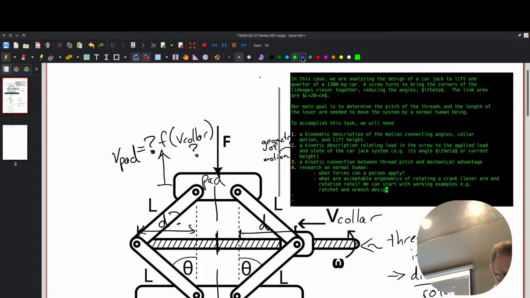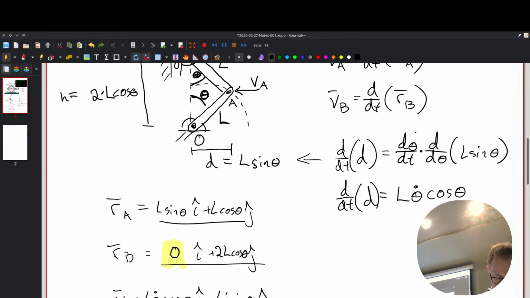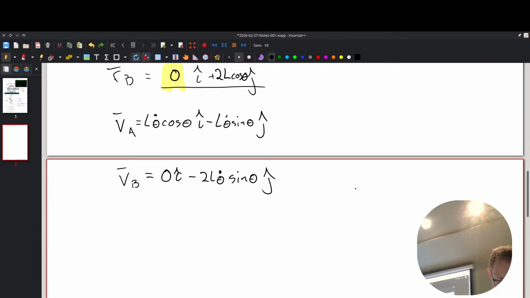So we have L is 20 centimeters. So we know L is 20 centimeters.